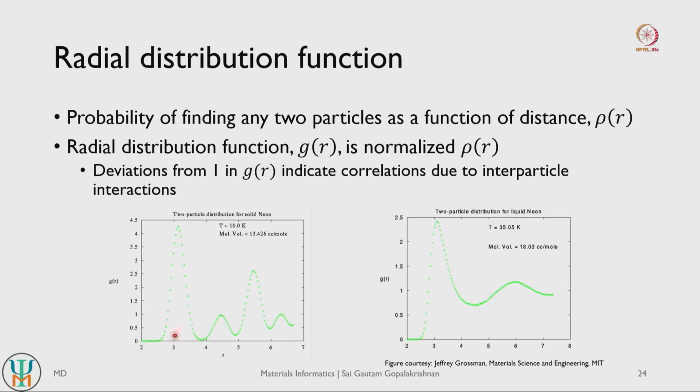This means that at 3 angstroms or so there are a lot of neon particles adjacent to a reference neon, right, and then the next set of neon particles is obtained at around 4.5 angstroms, and then the next set is obtained around 5.5 angstroms and so on, and in between you see that there are not many neon particles, right. And this is representative of a solid. So in a solid you have periodic distribution of atoms at very distinct sites, so you get peaks at very distinct distances.